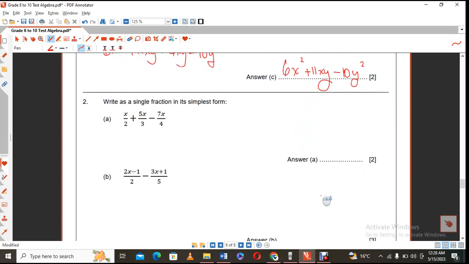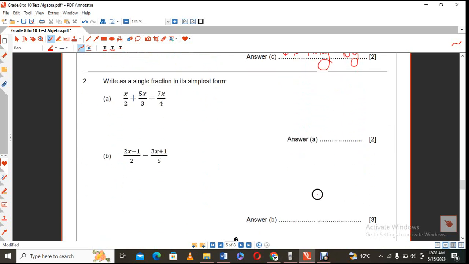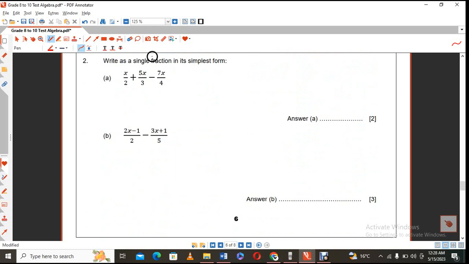Question 2, you have got three fractions here, and you are supposed to write them in their simplest form. So I hope you remember that as far as these fractions are concerned, they have a common denominator, and the common denominator is 12. 2 goes into 12 6 times, so 6x comes on top. 3 goes into 12 4 times, so plus 20x, and 4 goes there 3 times, and that is going to be minus 21x.